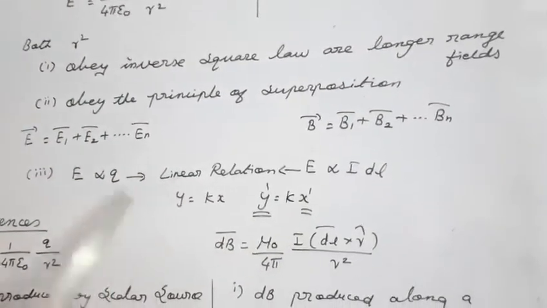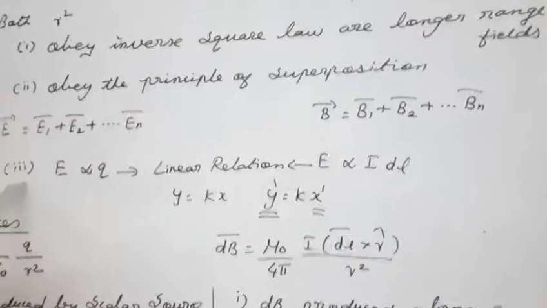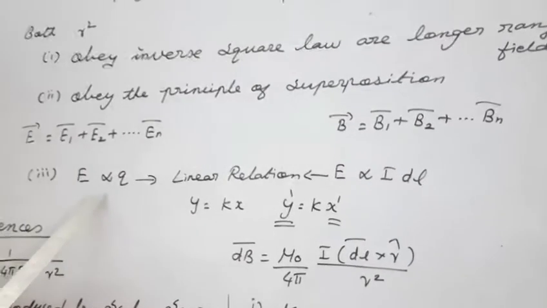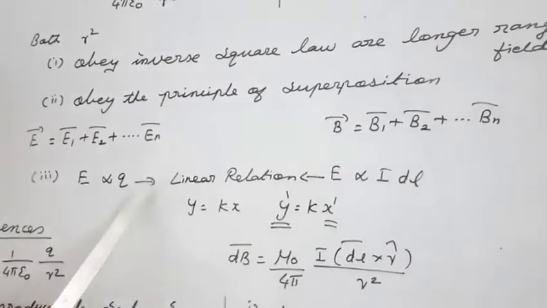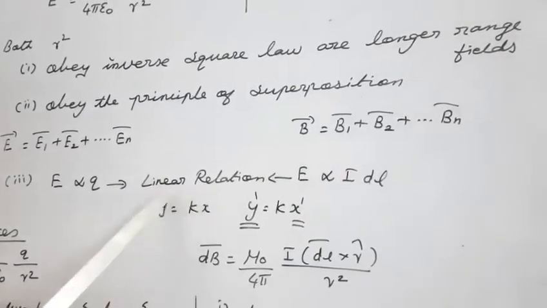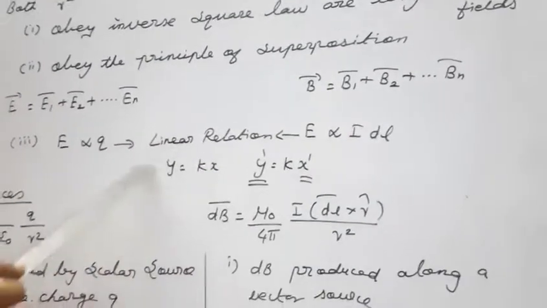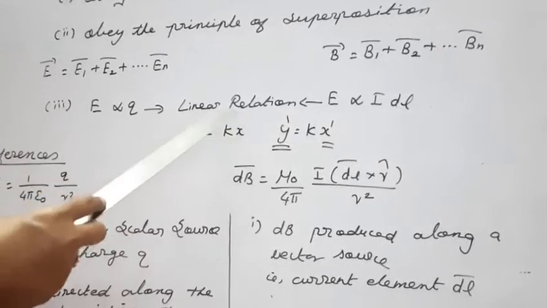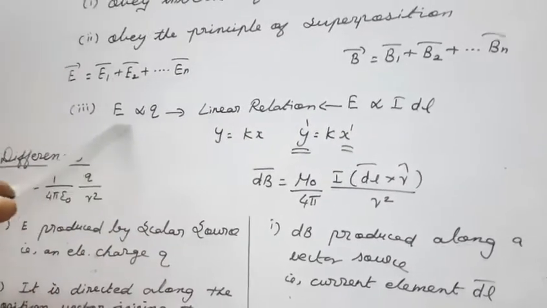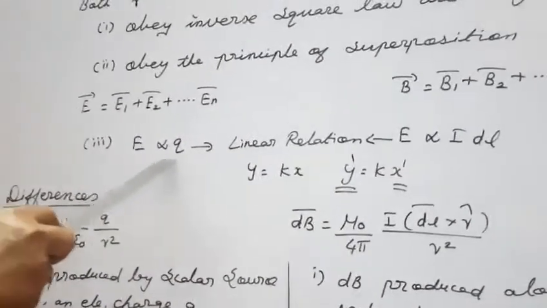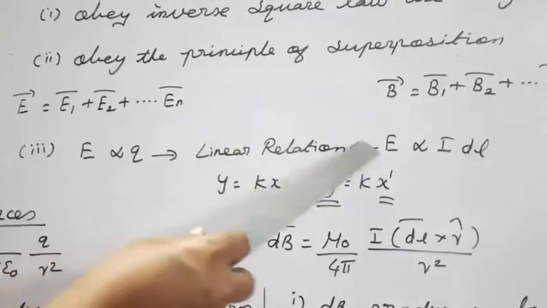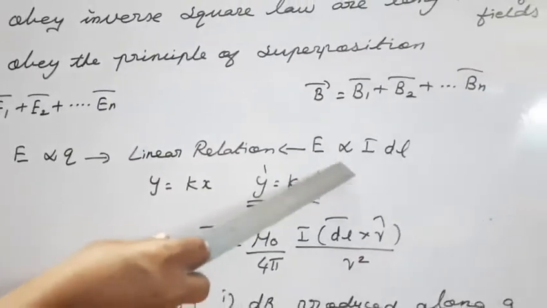So Coulomb's law and Biot-Savart law are linear with respect to the source. Therefore, in magnitude, E is directly proportional to Q and B is directly proportional to I dl.